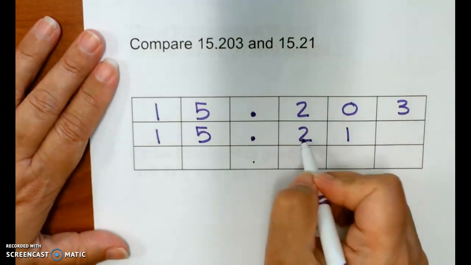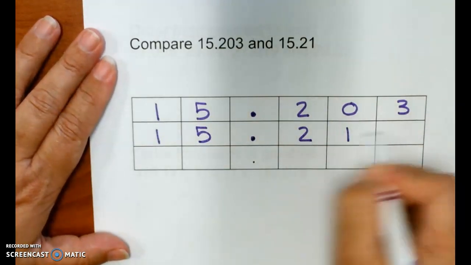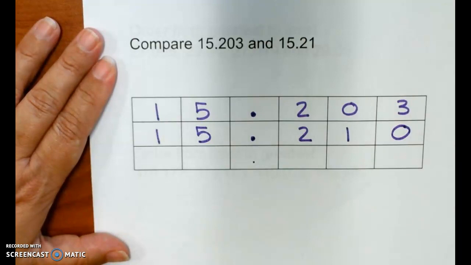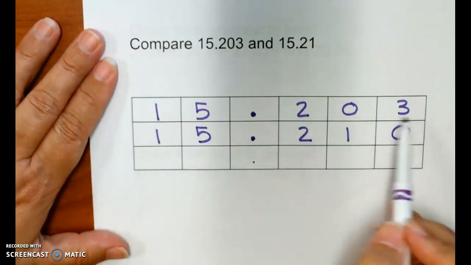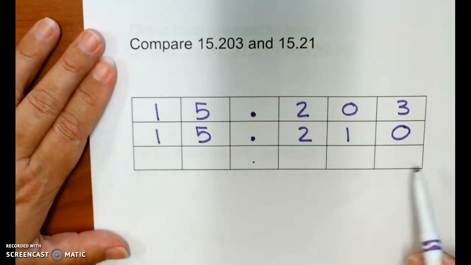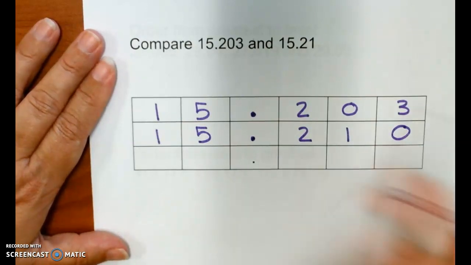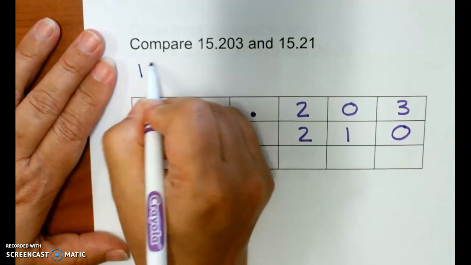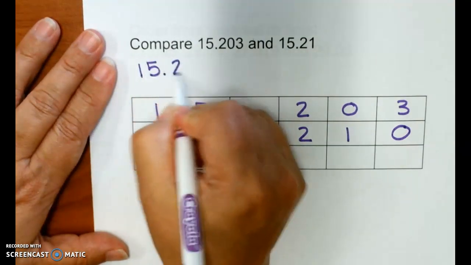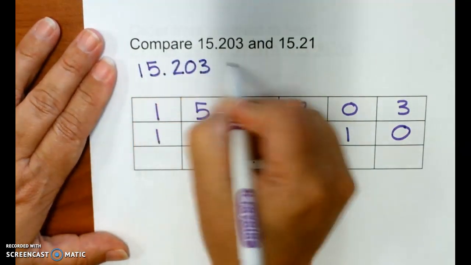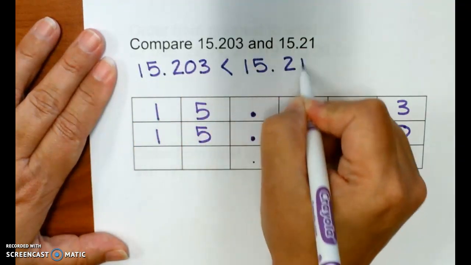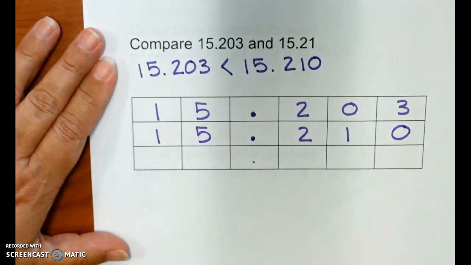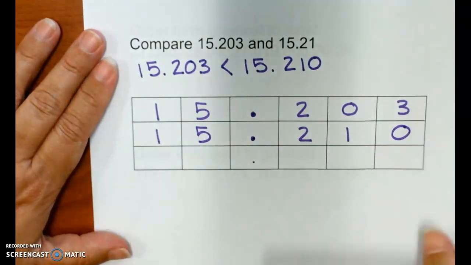I can trade 21 hundredths for 210 thousandths. So which one is bigger, 203 or 210? 210 is bigger, so 15 and 203 thousandths is less than 15 and 21 hundredths. Okay, I'm hoping you're still with me.